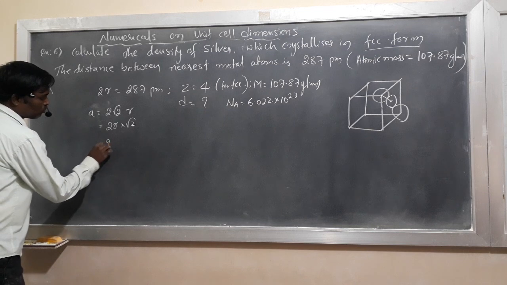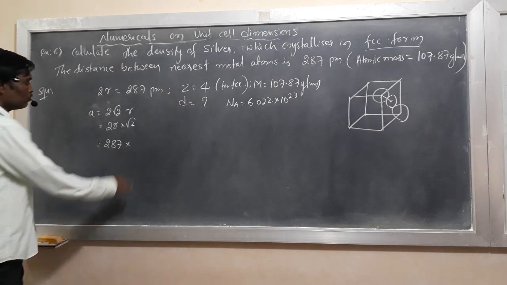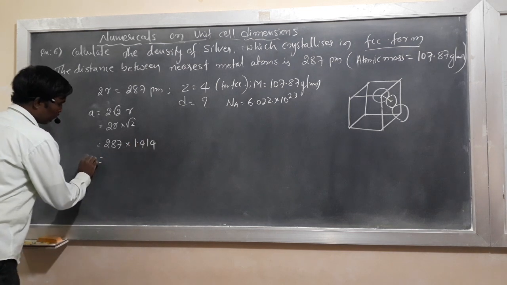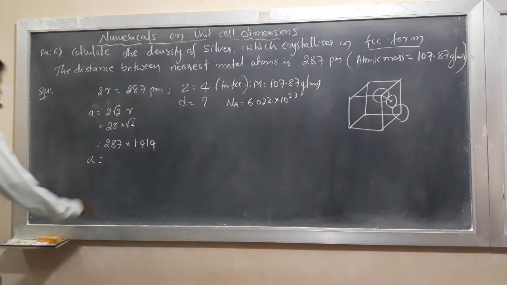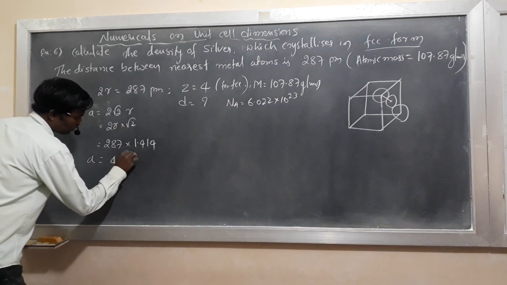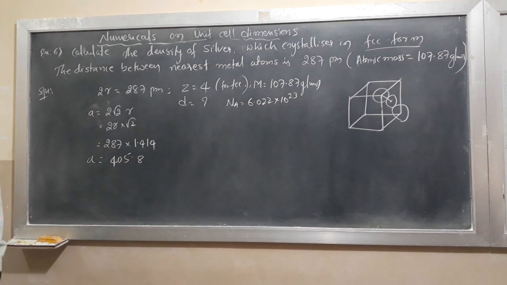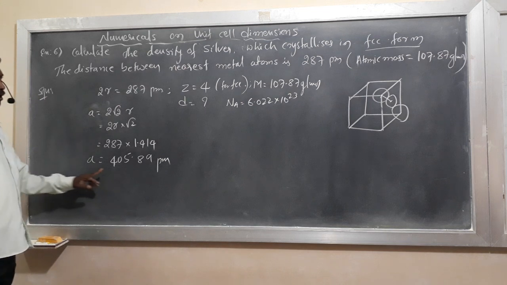Let me substitute that 2r value 287 into root 2 value, we know root 2 is 1.414. Therefore, a is equal to 287 into 1.414, multiply, you will get the answer 405.89 picometers. This is the a value.